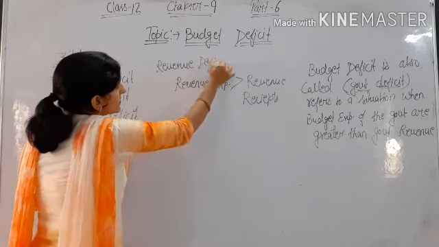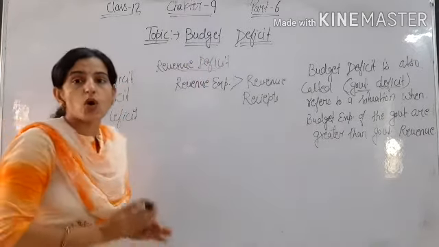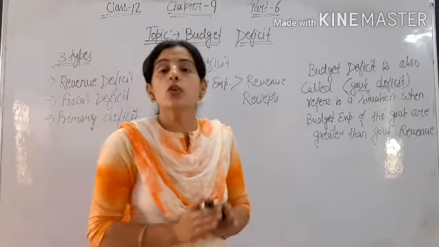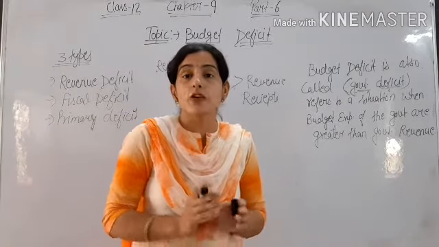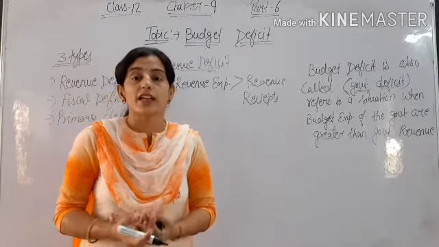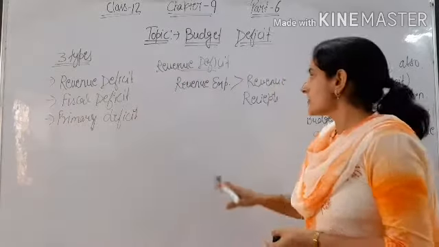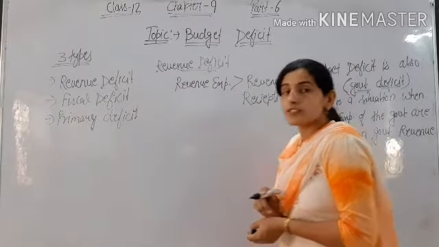What is revenue deficit? When government revenue expenditure is more than revenue receipts. It means the government is spending more than it is receiving as income from tax and non-tax. So this is called revenue deficit.